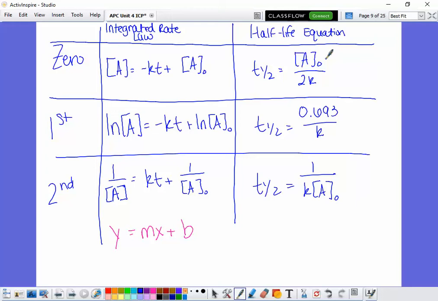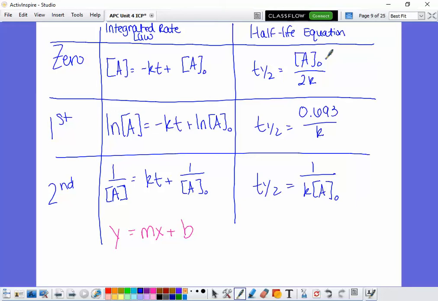Okay, let me back up a little bit. Last year, or 2 years ago, when you took chemistry for the first time, you probably learned that half-life is the amount of time it takes for 1/2 of the substance to decay. You've probably heard that definition before. That is only true for first order.